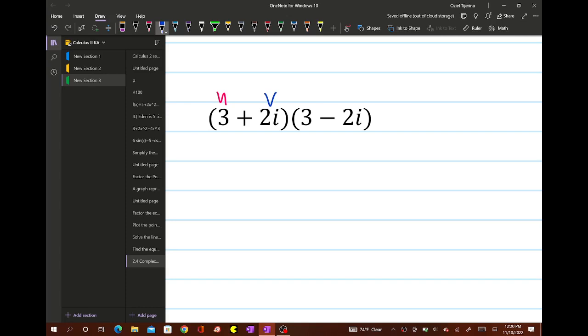This goes as follows: u plus v times u minus v equals u squared minus v squared. So it goes something like this.